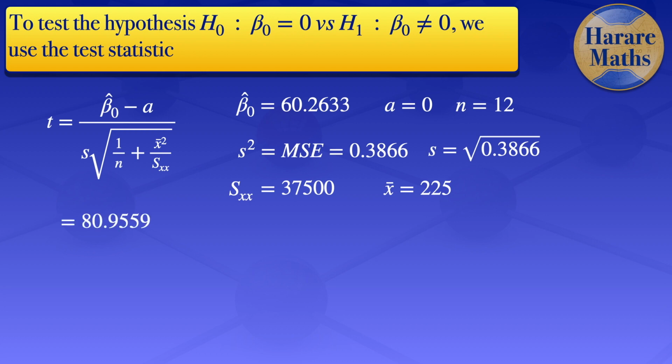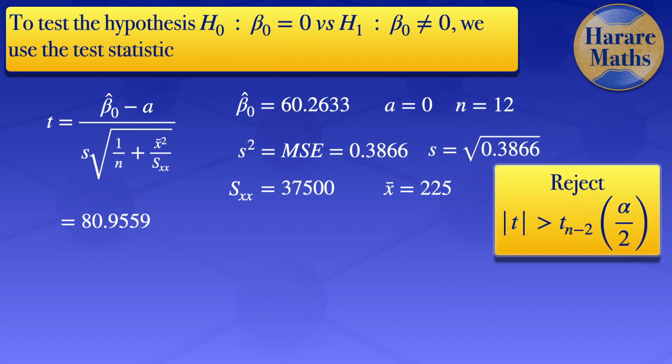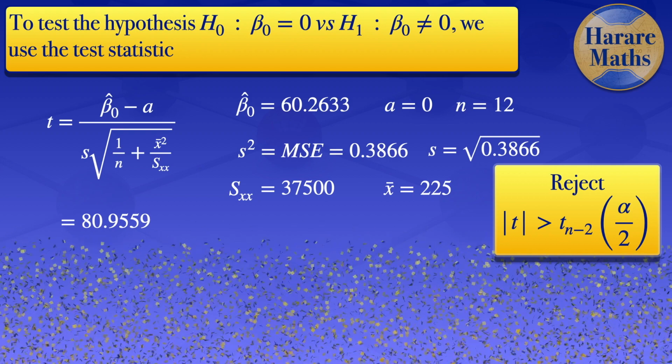we get that our T there is 80.9559. We reject H naught if the absolute value of the calculated T is greater than the one from the tables, that is degrees of freedom N minus 2, and the level of significance alpha divided by 2. In this case our N is 12, so we'll be looking at degrees of freedom 10 from statistical tables.